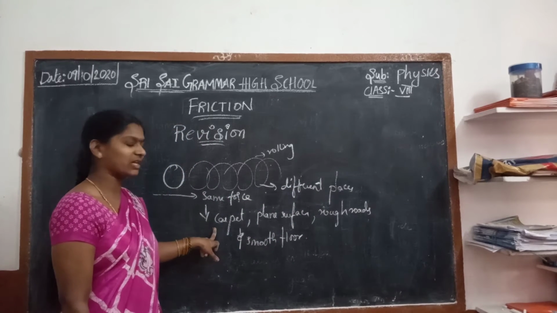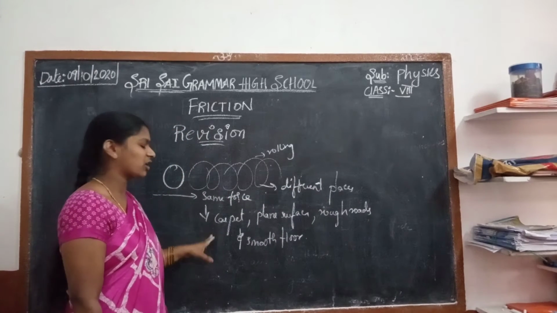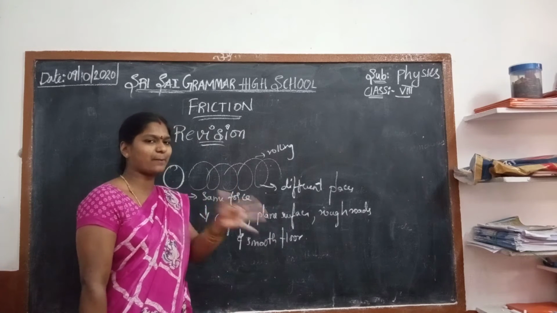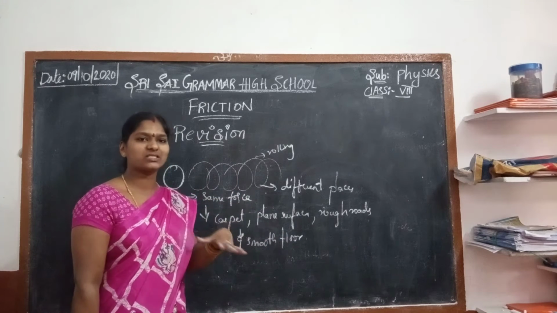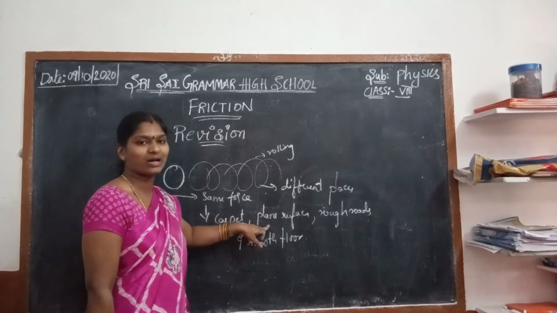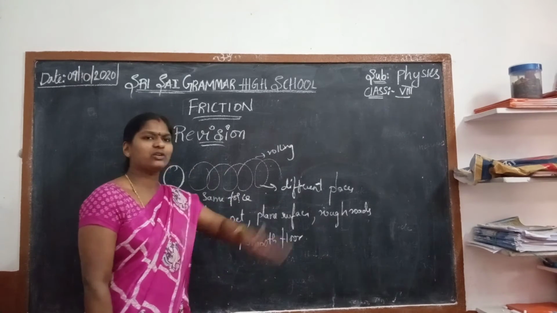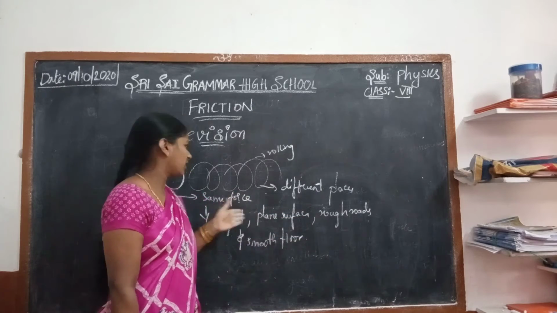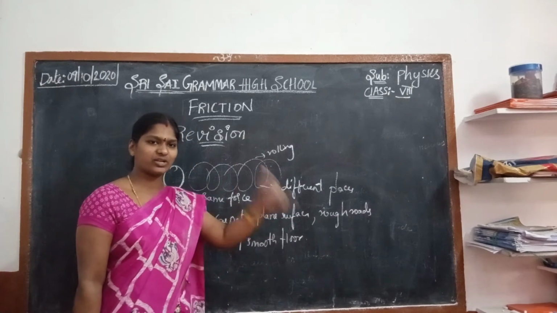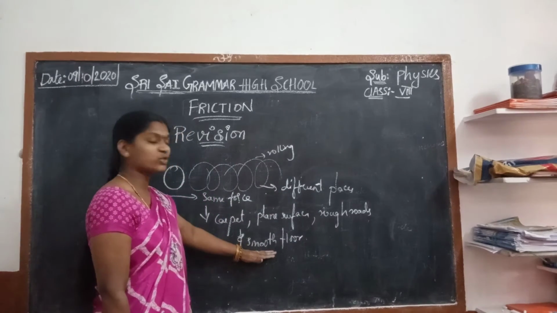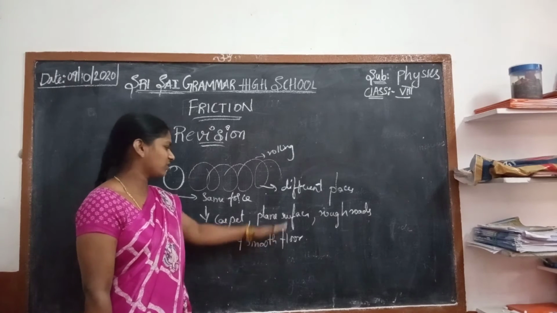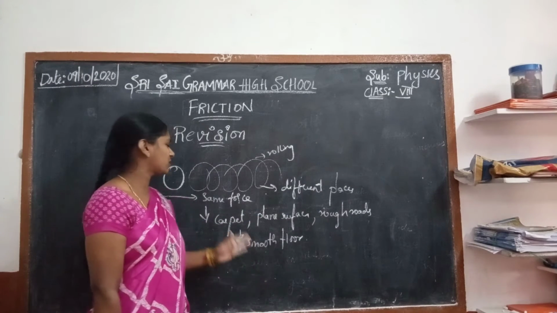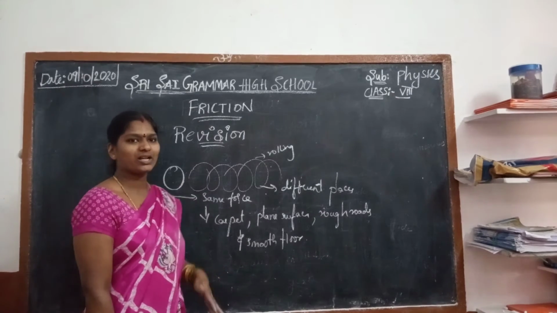What is happening on the carpet? When rolling a ball, it moves forward and stops because it gets stuck in place in the carpet. In the same way, when you observe on the plane surface, it goes on moving. It doesn't stop. On a rough place, it moves a certain distance and also it stops. On the smooth floor, in the same way, the plane surface and the smooth floor are the same. When a ball is rolled on a smooth floor, it doesn't stop.